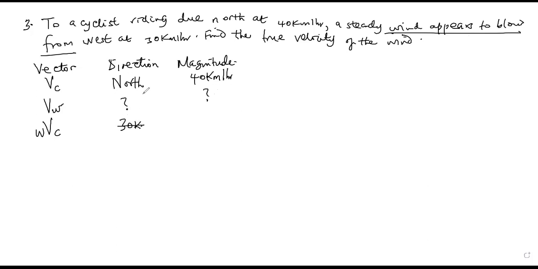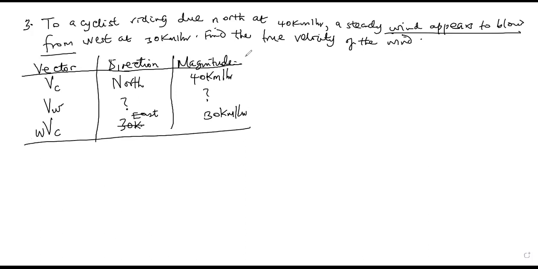Since it is moving from west, then the direction is east because it is leaving west going to east, and the magnitude is 30 kilometers per hour. So that is what we have.